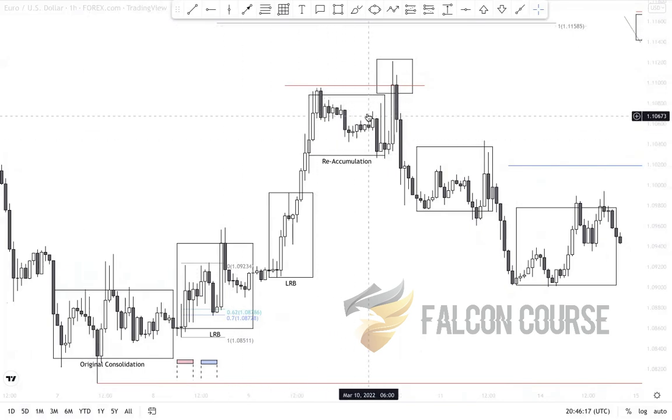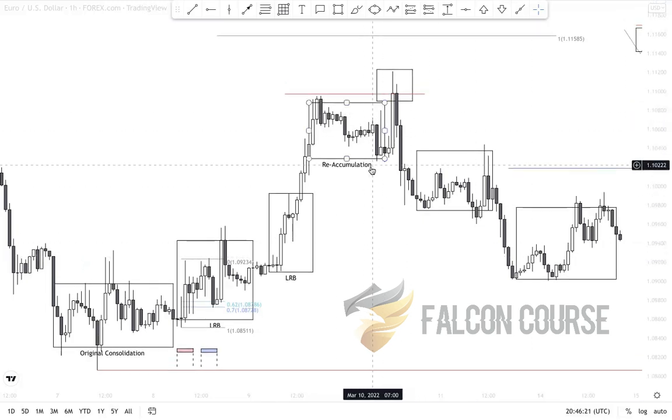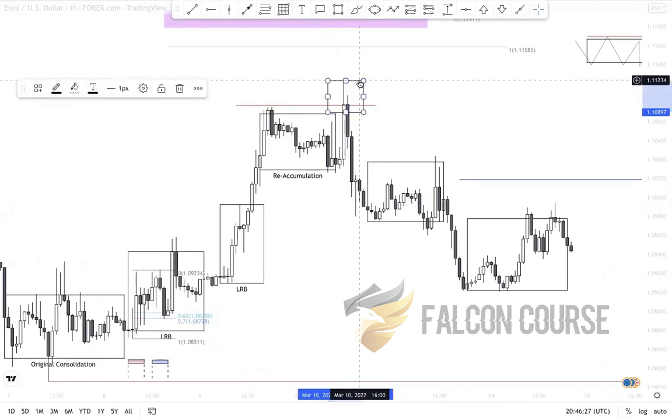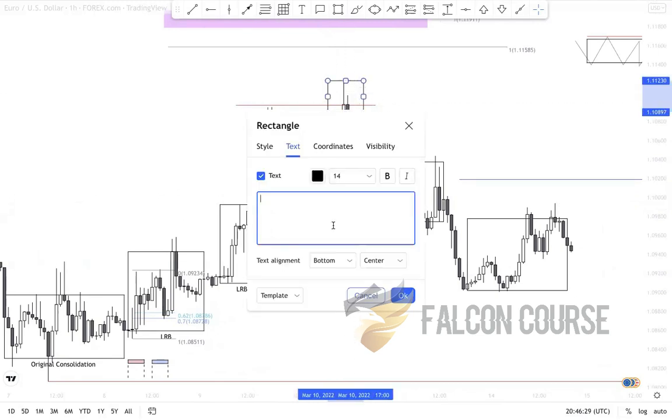So we were at the reaccumulation, and the final stage of this model is something called the smart money reversal. That's the name of it. I usually just write SMR, or you can write it as smart money reversal.